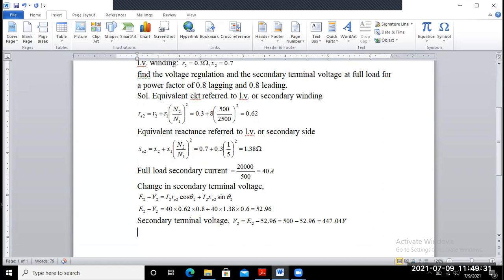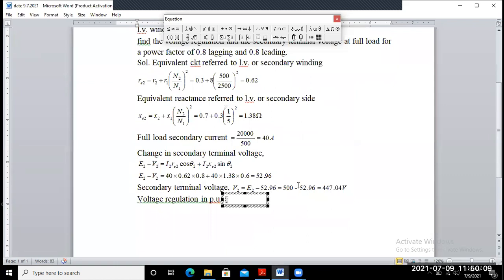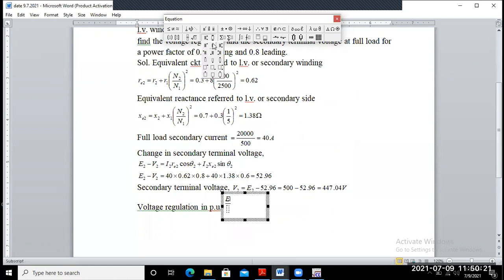Now we find out the voltage regulation. Voltage regulation in per unit is equal to E2 minus V2 divided by E2.